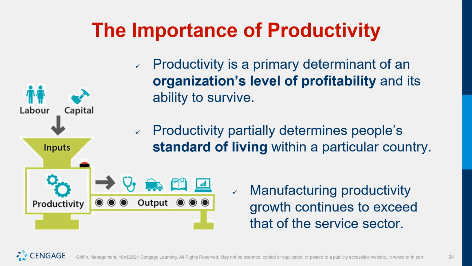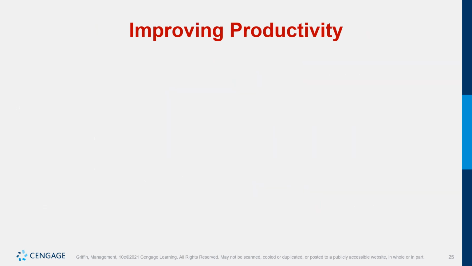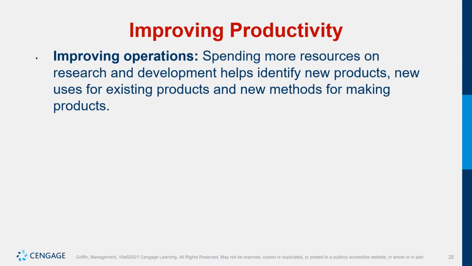Productivity is important because it determines the organization's ability to survive and also because it practically determines people's standard of living within a particular country. The present shows that manufacturing productivity growth continues to exceed that of the service sector. Improving productivity by improving operations.